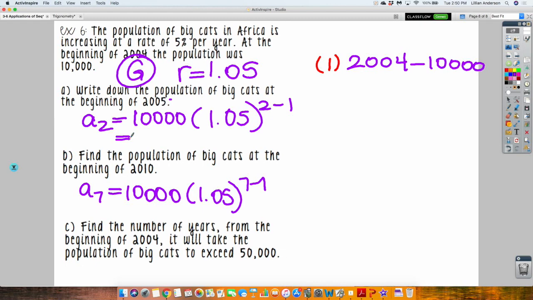So you can round to the nearest whole number, making sure you round correctly which way, or you can always round to 3 significant figures. I will not fault you if you round to 3 significant figures. How many cats in 2005? 10,500. In 2010, how many cats?